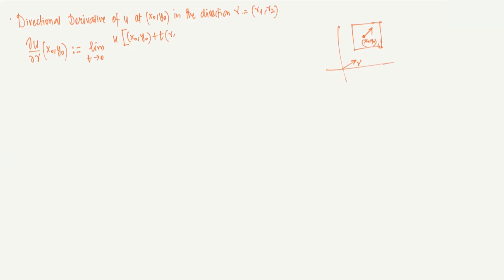So we write it as the limit as t tends to 0 of u of x naught plus t gamma 1, y naught plus t gamma 2, minus u of x naught y naught, divided by t.